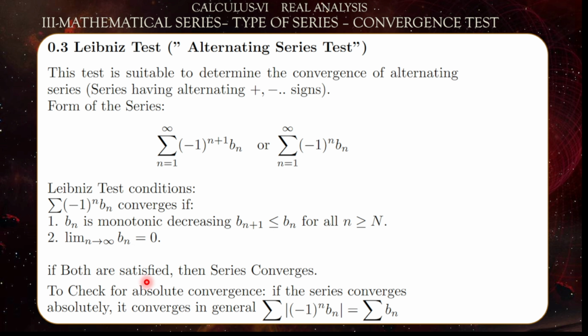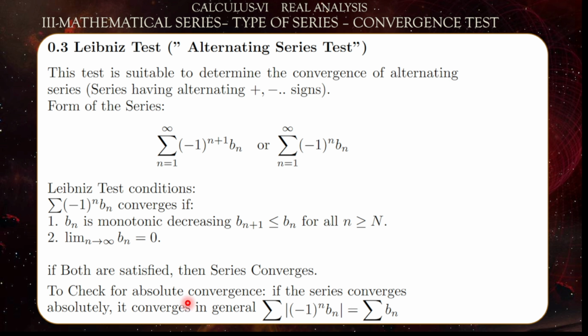If the three conditions are satisfied, the first one being bn greater than or equal to 0, which is necessary, clearly, then the series converges.